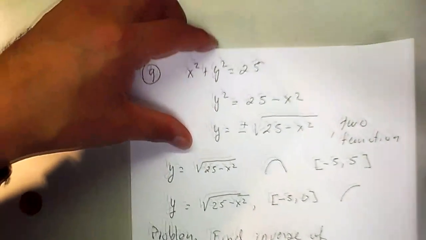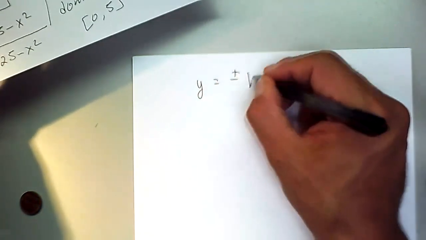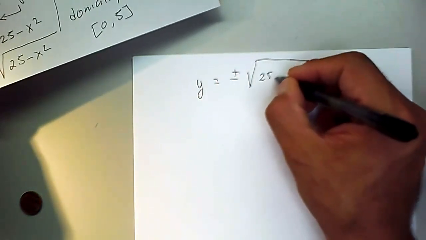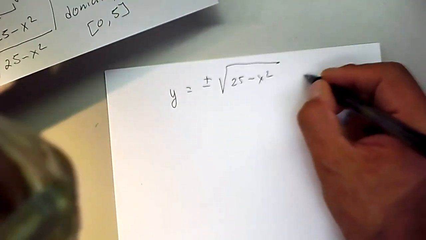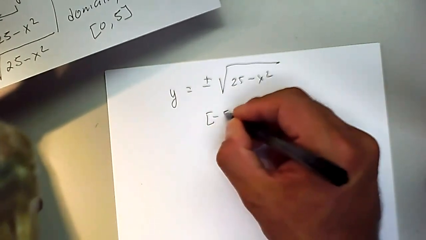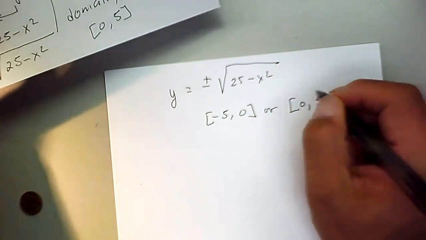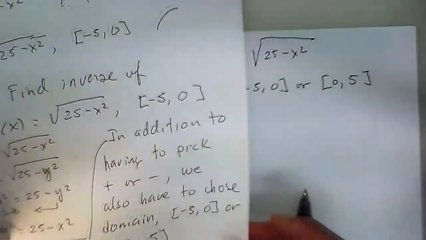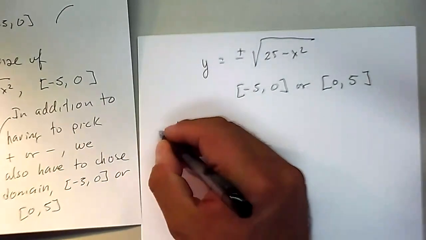Okay, so in step 3, we're stuck at this point. Y equals plus or minus the square root of 25 minus x squared. In addition to that, we have to decide whether we have to do from -5 to 0 or from 0 to 5. So let's back up a little bit and look at the function.